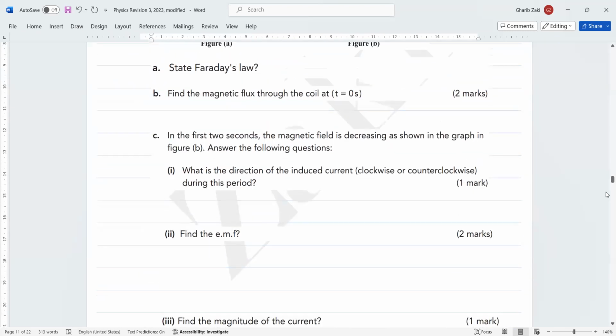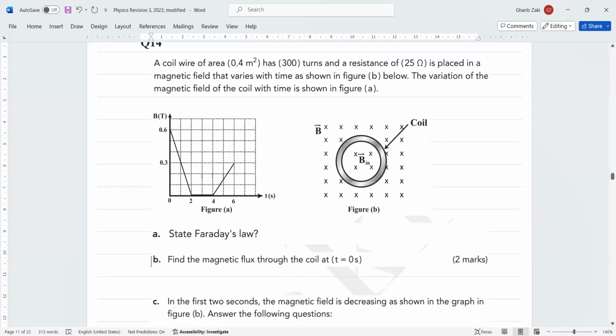Okay, here a coil, it means N equals 1, of area, so this is the area. It is 0.4 meter square. Sorry, a coil has 300 turns, so N is not equal to 1, N equals 300.